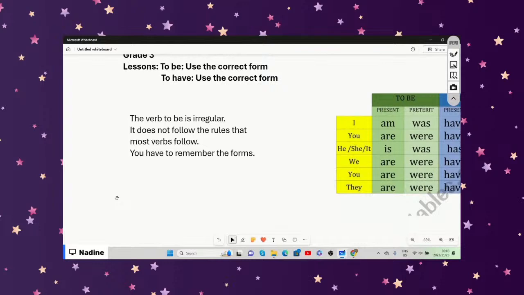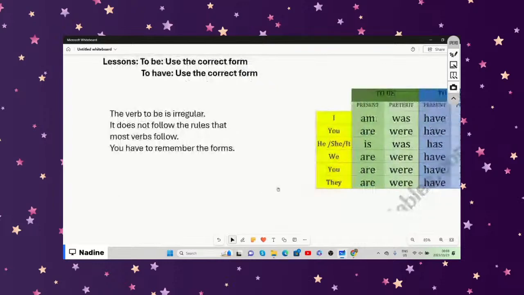It does not follow the rules that most of the verbs follow. So you're just going to have to remember the form.